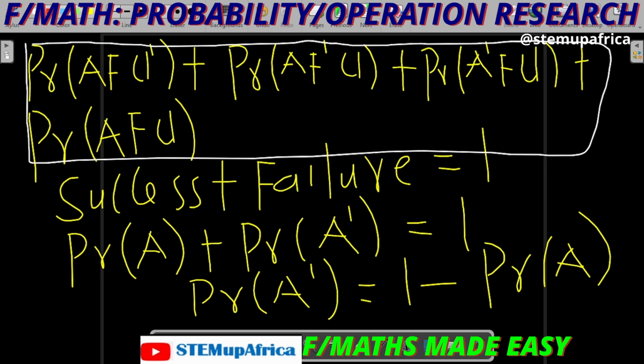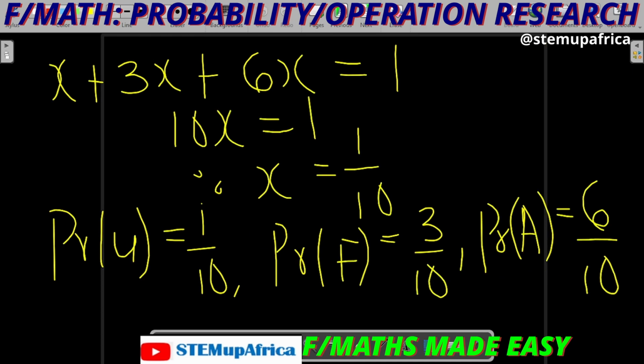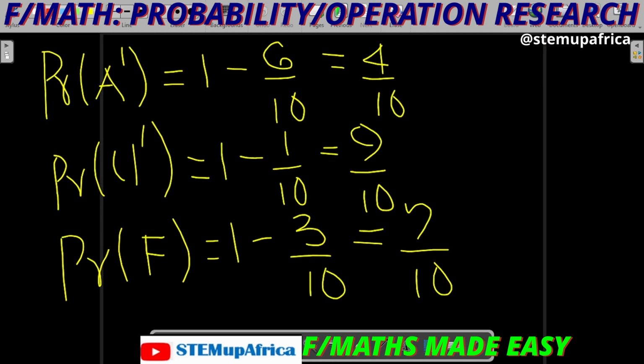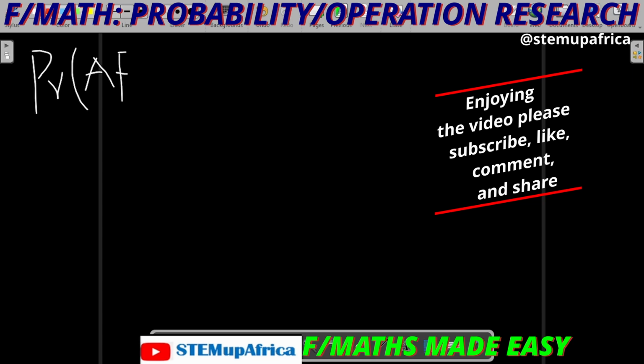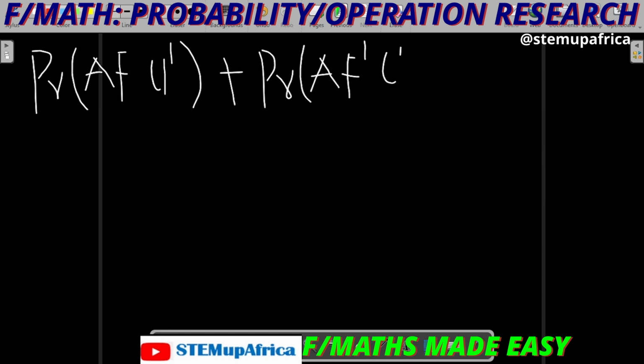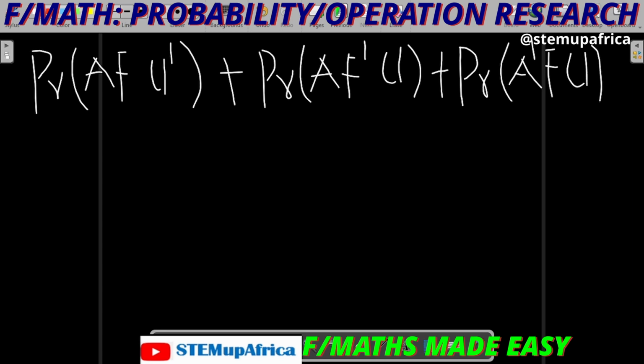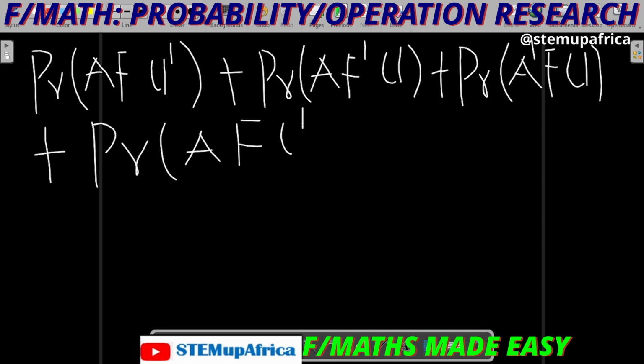Let me write it again: the probability that Abiola solved correctly, Fatima solved correctly, Ushena fails to do so, plus the probability that Abiola solved correctly, Fatima failed to solve correctly, Ushena solved correctly, plus the probability that Abiola failed to solve correctly, Fatima solved correctly, Ushena solved correctly, or the probability that the 3 of them solve correctly.